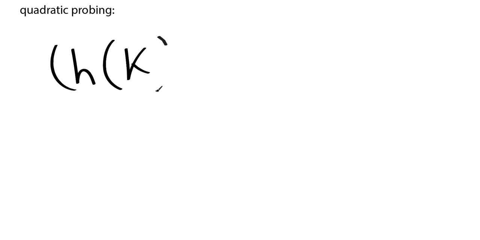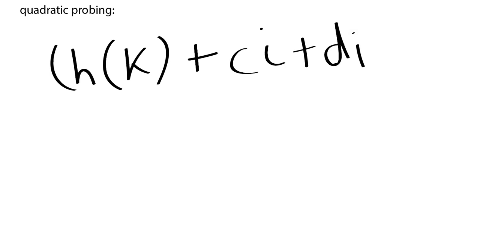Now, there's also something called quadratic probing. And with quadratic probing, we jump longer distances, and we can do something like h of k plus some constant c times i plus another constant d times i squared, and then all that we can mod with m.